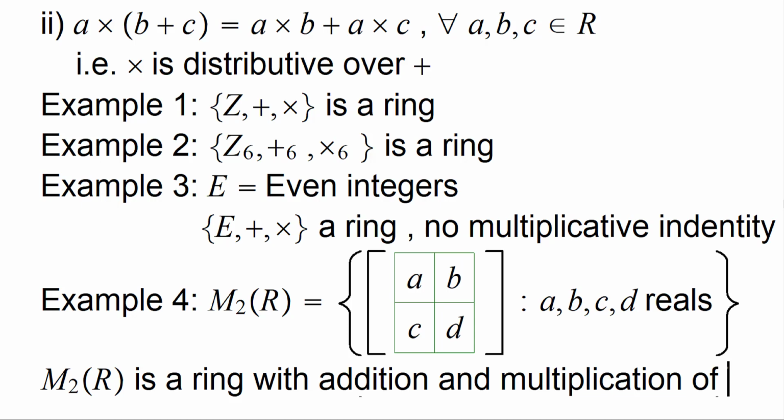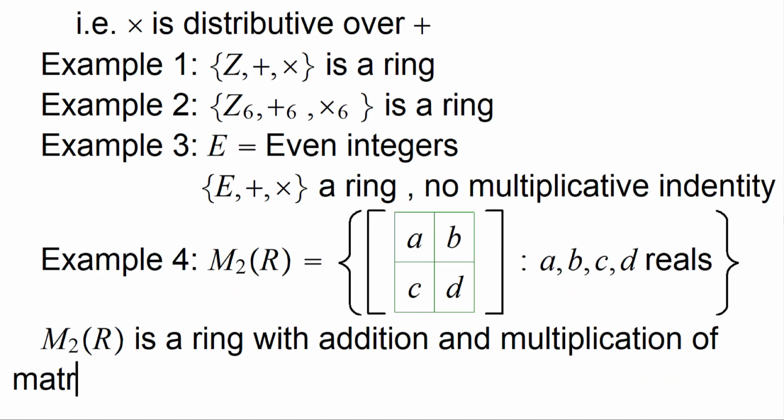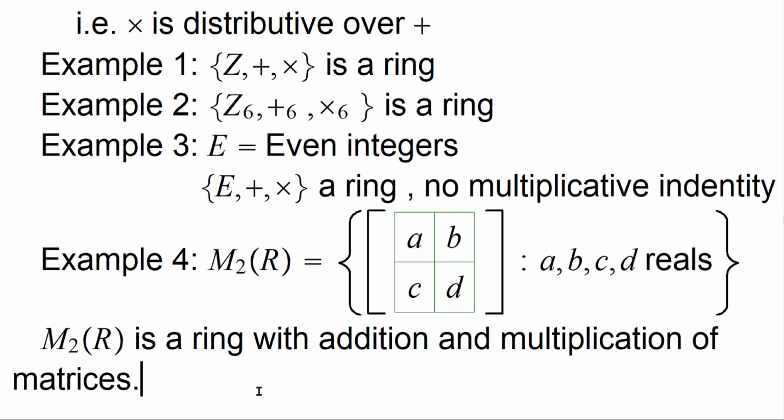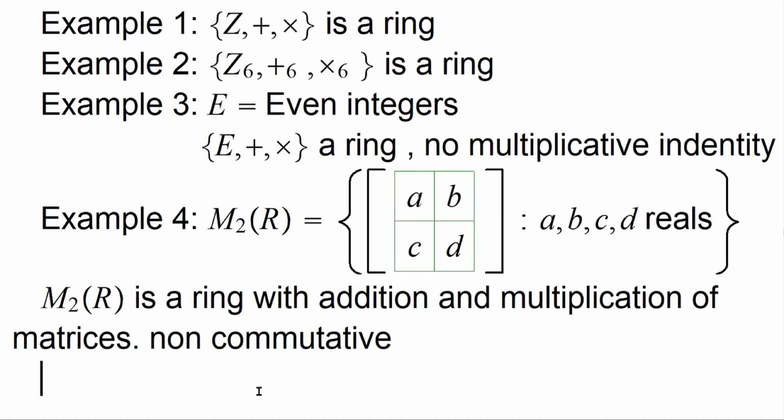You may notice, you already know this, that the addition is the operation plus, which makes it an abelian group, and multiplication is the multiplication of matrices, which distributes over addition, but it's non-commutative.